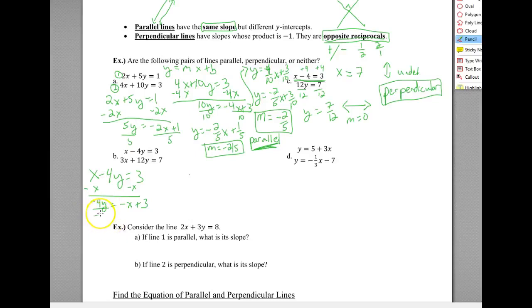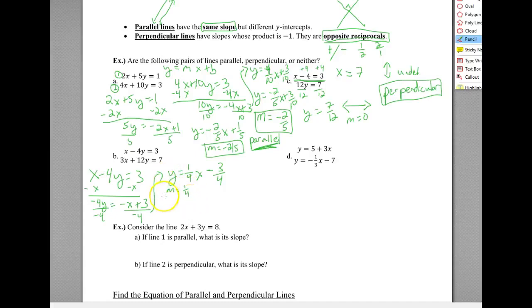I'm going to divide out that negative 4 from both sides of my equation, and I get a positive y equals negative divided by negative will end up positive 1/4. That 4 needs to stay in the denominator. x minus 3/4. The slope of this equation is positive 1/4.